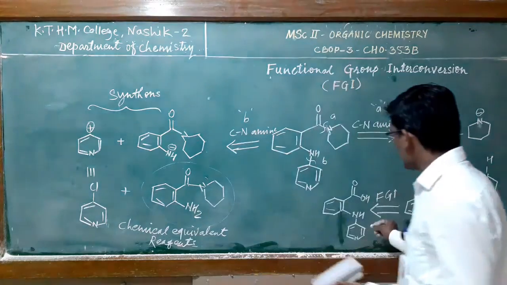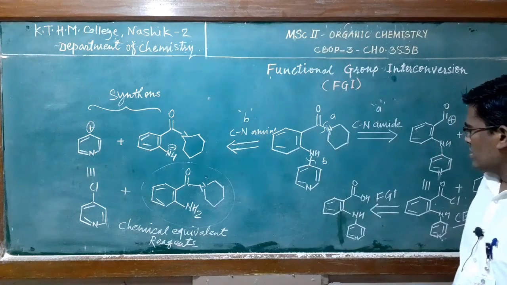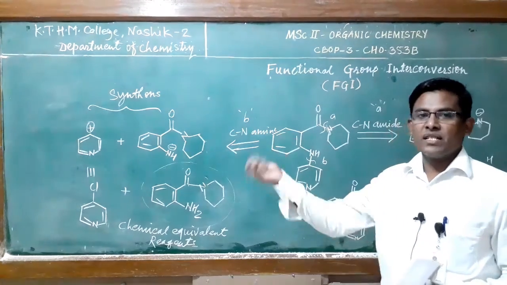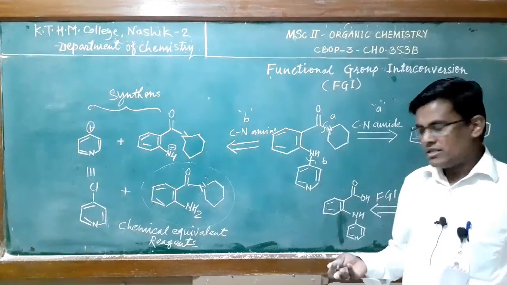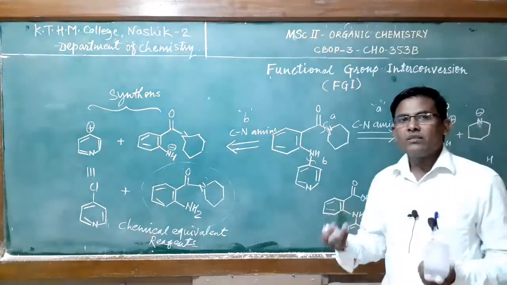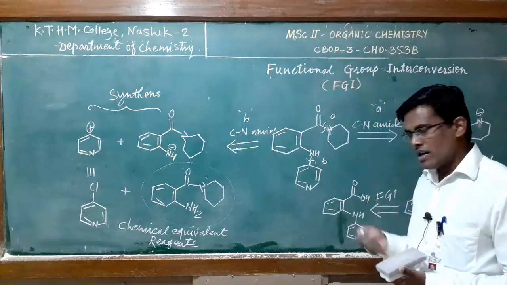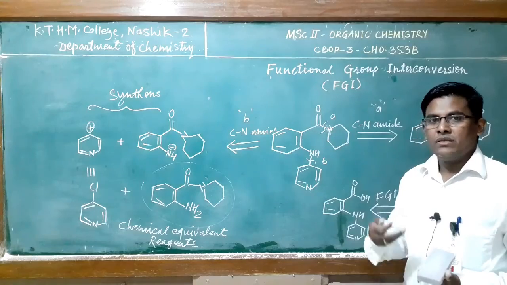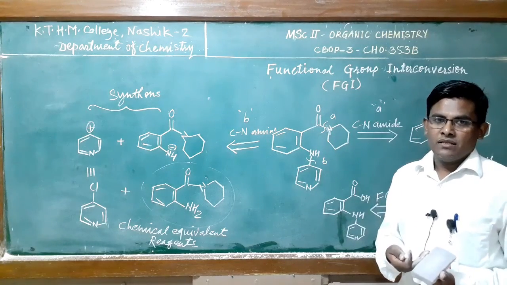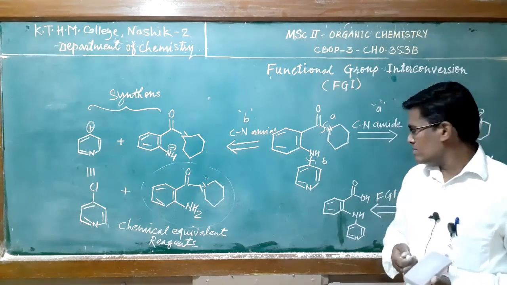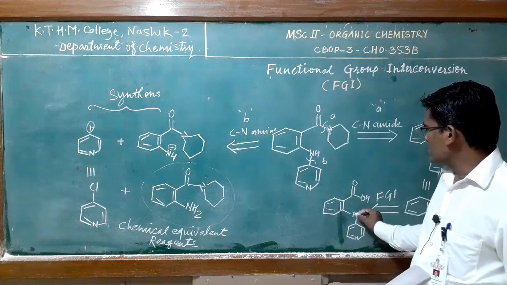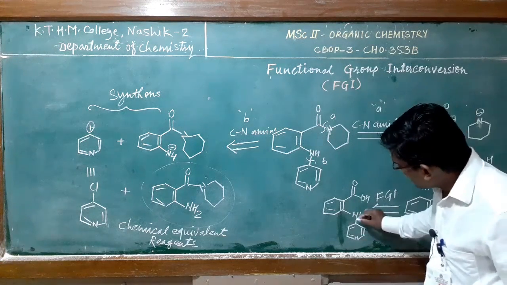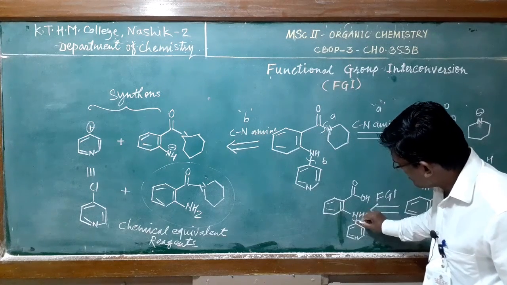Since this molecule is not readily accessible, we can go for further disconnections. As the second guideline suggests, if your molecule contains a heteroatom, we should disconnect the bond next to the heteroatom. Since our molecule has NH, a heteroatom, we can disconnect this bond.